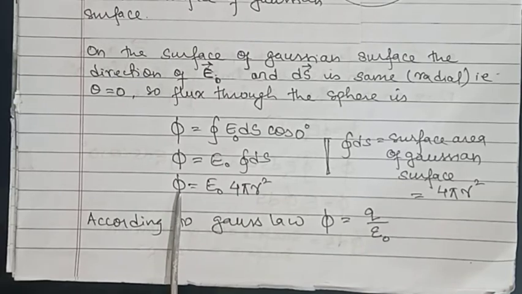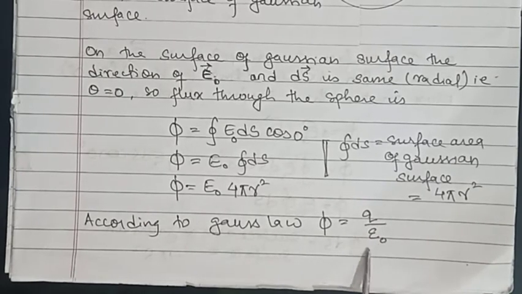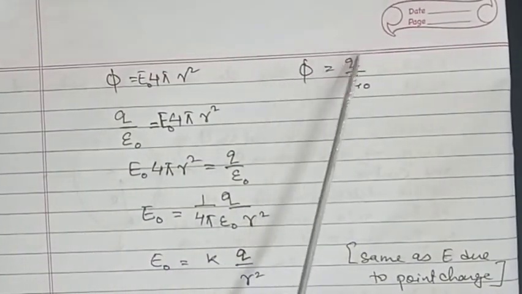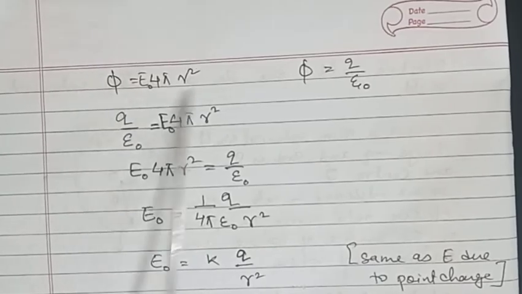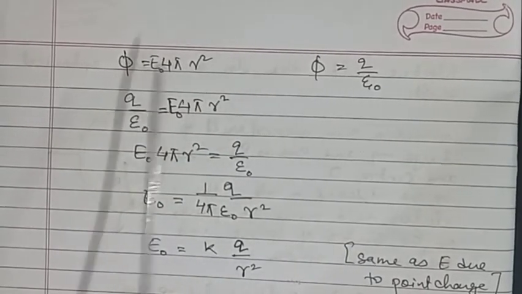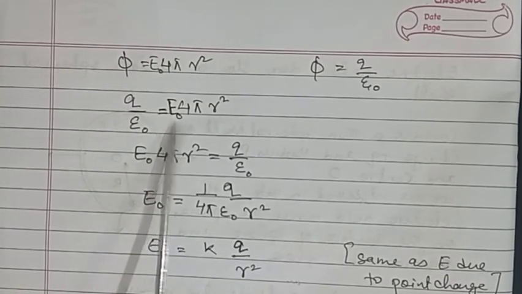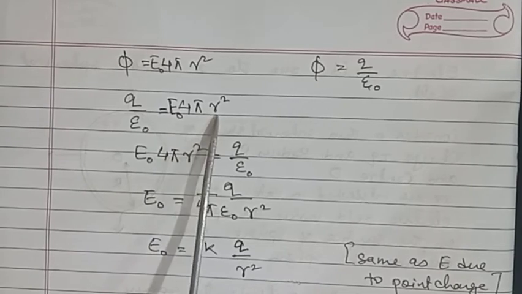So flux is equal to E naught 4 pi r square, but according to Gauss law flux is equal to q by epsilon naught. So we can compare these two equations and write q by epsilon naught is equal to E naught 4 pi r square.